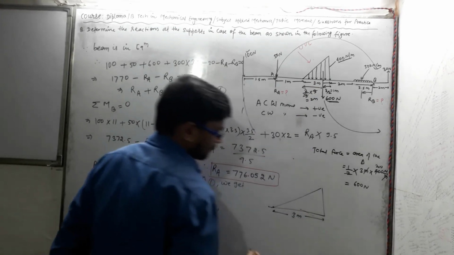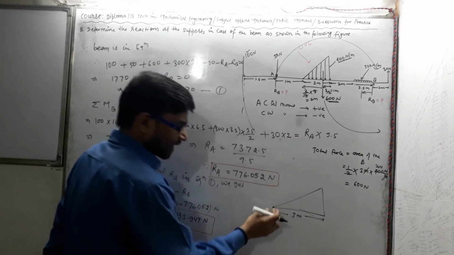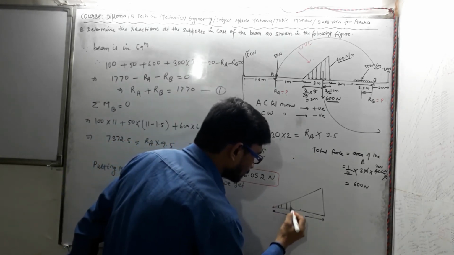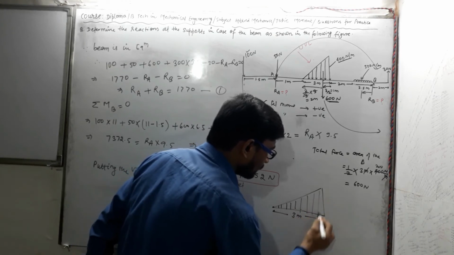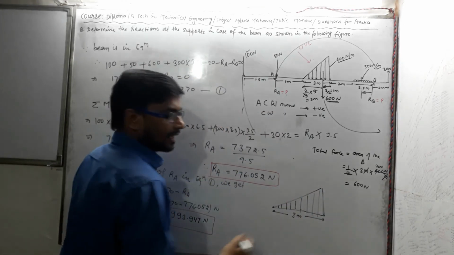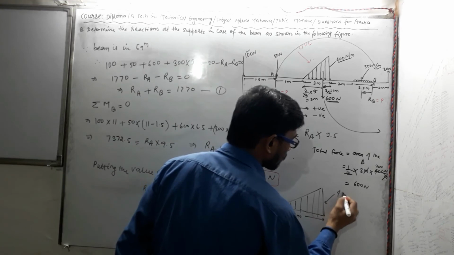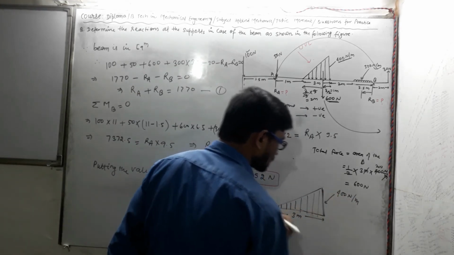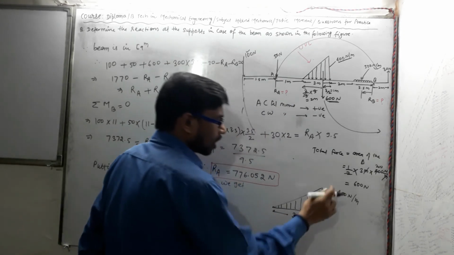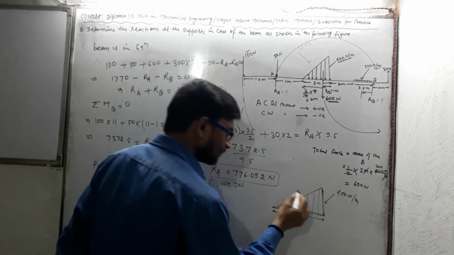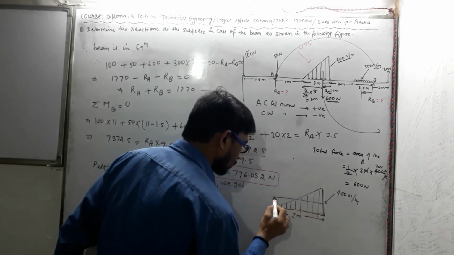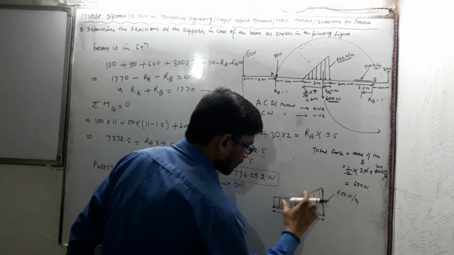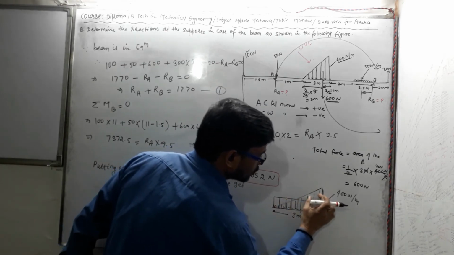At this point of the beam, 0 Newton force is acting, and as we move, the value of force is increasing, and at this end 400 Newton per meter, the maximum intensity, is given. So what will be the value of the total force acting if we convert it into a uniformly distributed load?